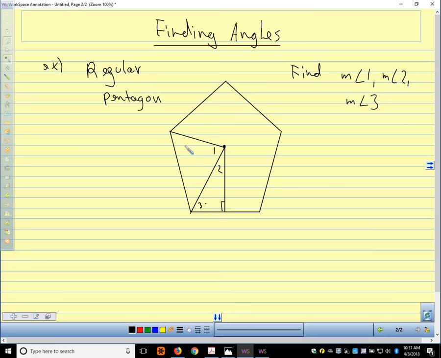Well, we know that the angle from the center that goes to each vertex, angle 1, is a central angle. So angle 1 is 360 divided by 5. And that gives me 72 degrees.